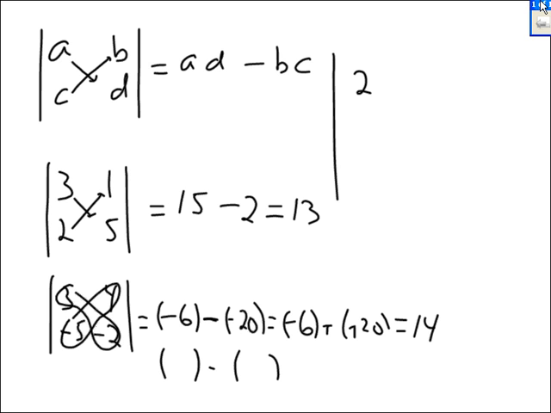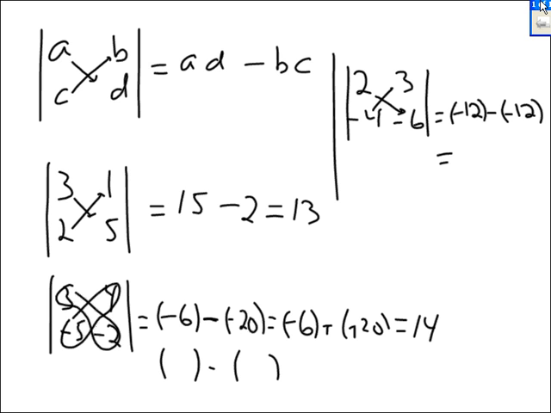You have 2, 3, negative 4, negative 6. The determinant will be negative 12 minus negative 12 again. You subtract the same numbers, you get 0.